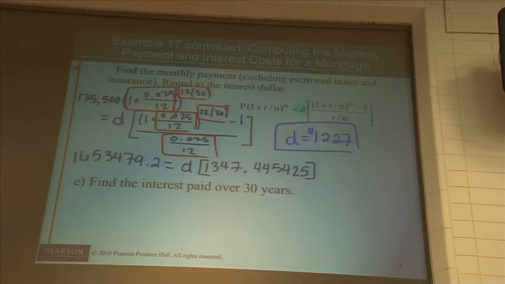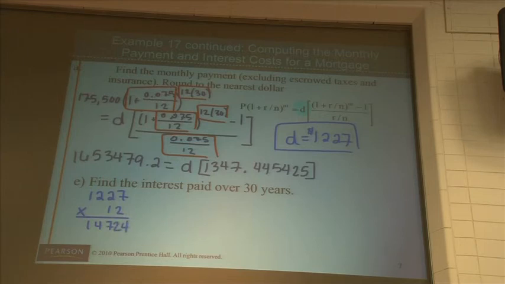Financing to pay over 30 years. Okay, so if we're paying $1,227 a month, that means you've got to multiply it times 12 to find out how much you're paying per year. And I've got 14,724.